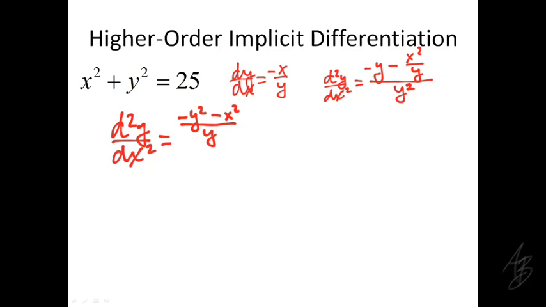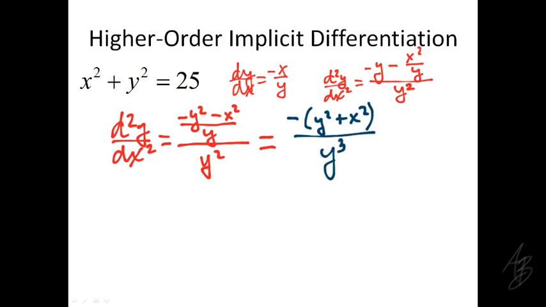And I got that just by getting a common denominator here, multiplying this by y over y, and that's still all over y squared. A little bit more simplification here, we would get then that that is equal to the opposite of y squared plus x squared all over y to the third power.